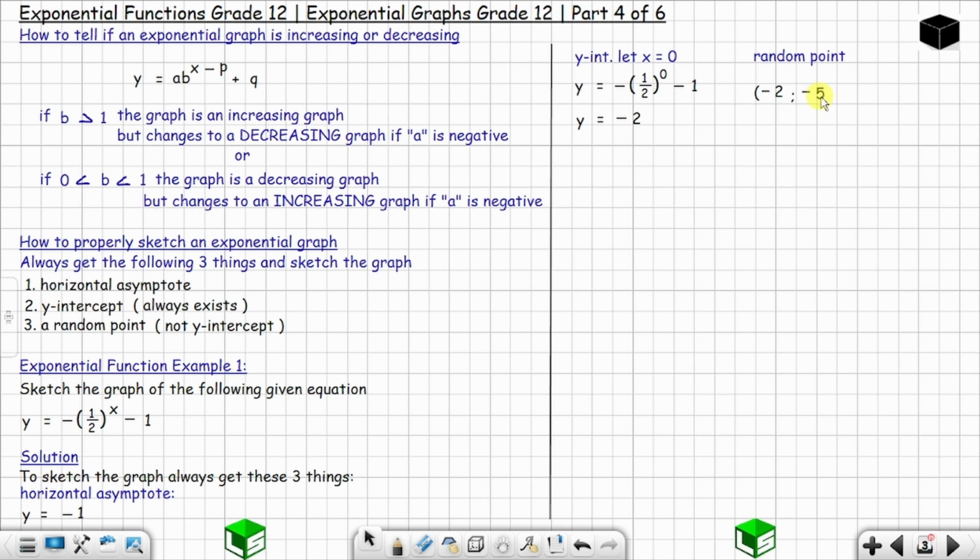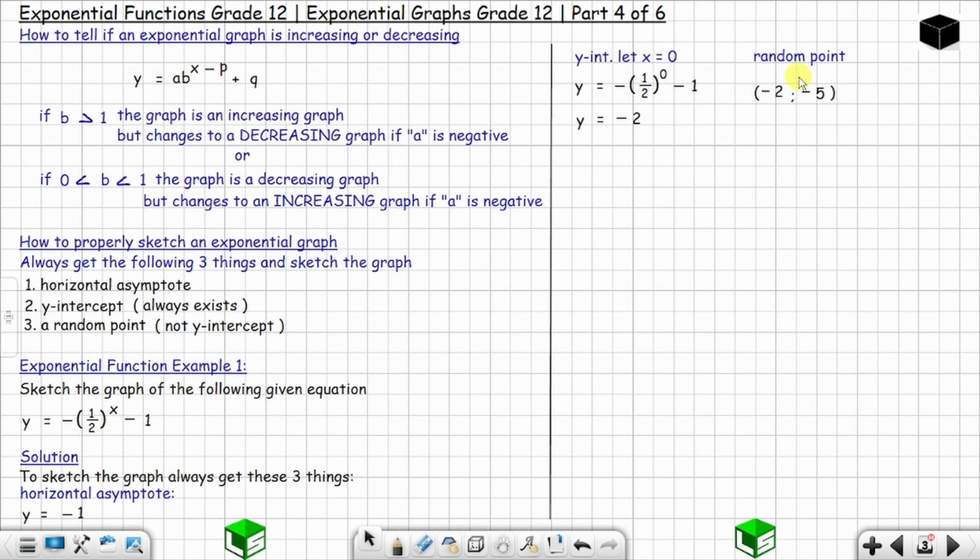You can check that. You can also use another point. So now we have all the three things we need: a horizontal asymptote, a y-intercept, and a random point.